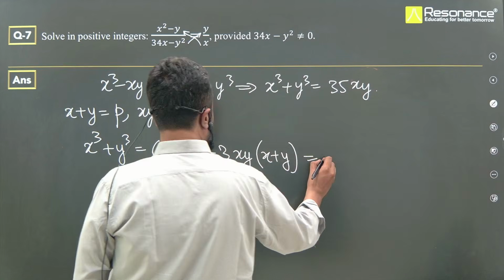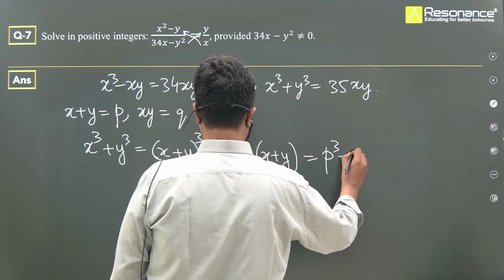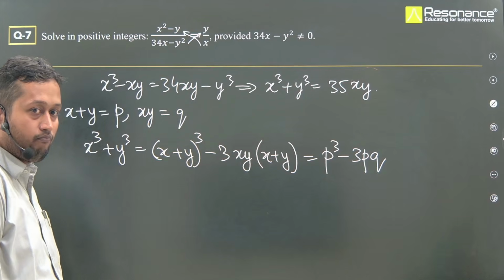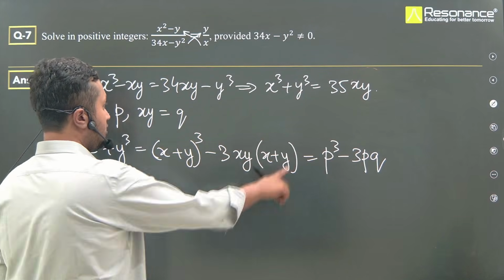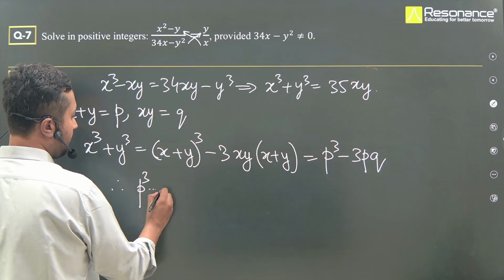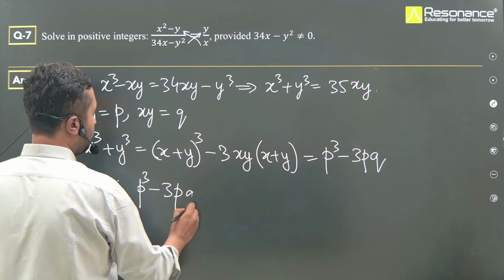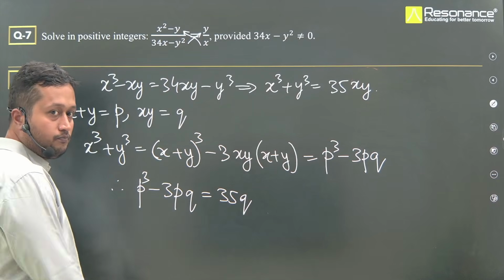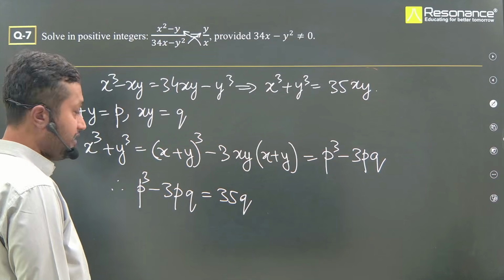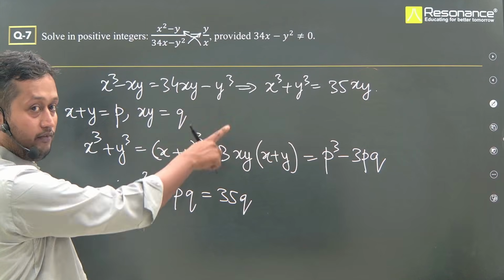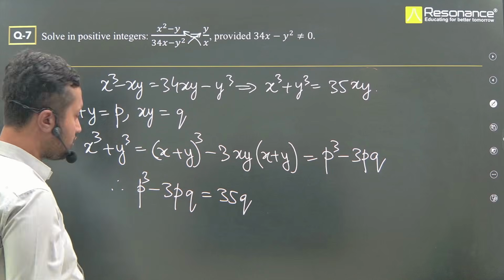So now I can write this as p cube minus 3pq. Therefore, p cube minus 3pq is equal to 35q. That's the equation in terms of p and q now. That was in terms of x and y. Now in terms of p and q, that's what that looks like.